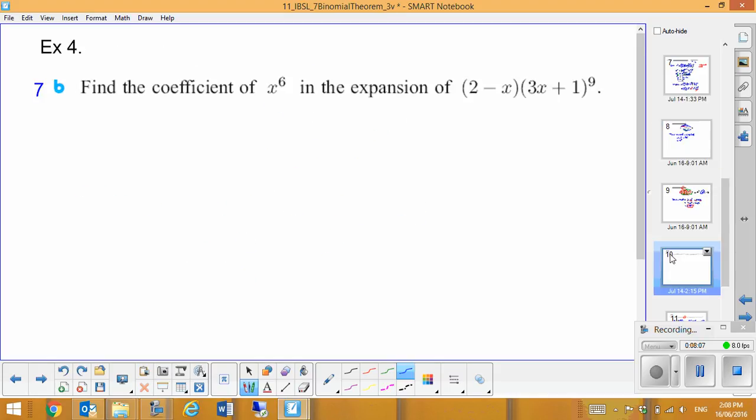But what we've got is something more complicated, where we still have our binomial, but we're multiplying by something that has a much bigger expansion. And there's no way we want to expand all of that out.